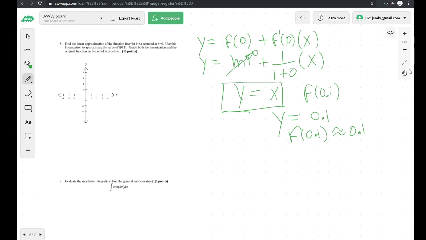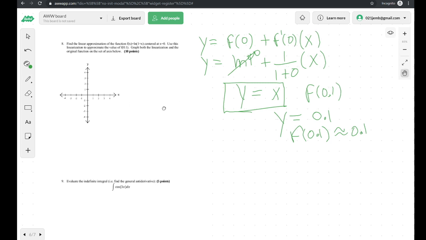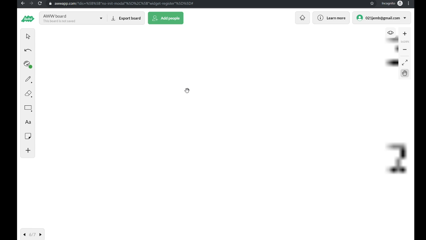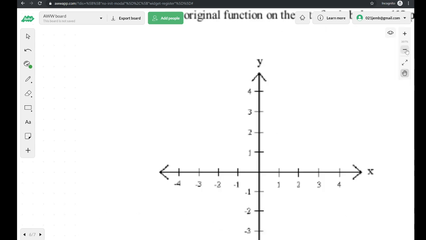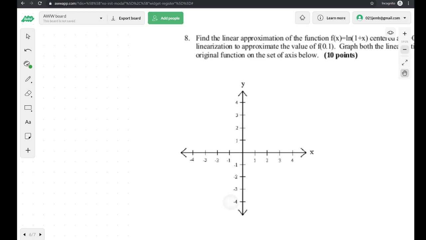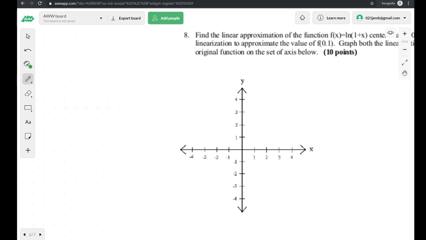So let's graph both ln of 1 plus x and the linear function y equals x. Ln of 1 plus x is basically ln of x shifted 1 to the left. So we start from negative infinity with an asymptote at x equals -1.